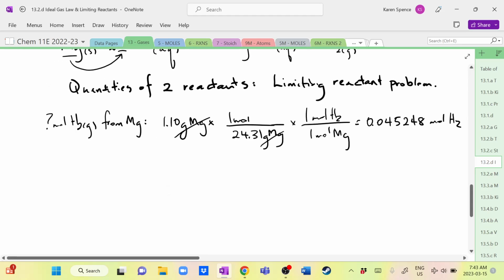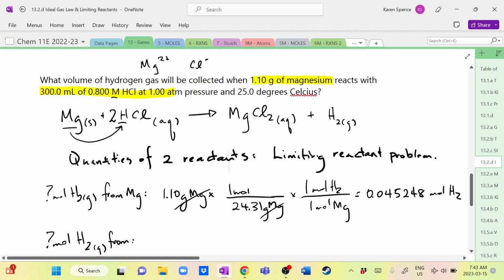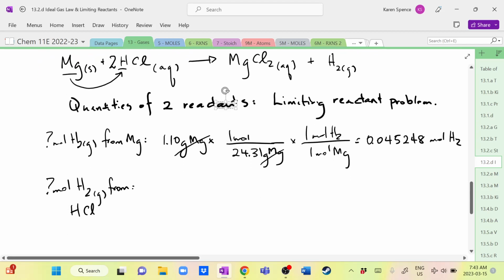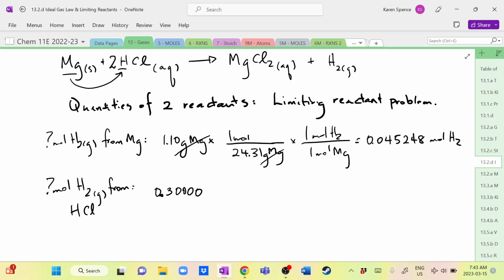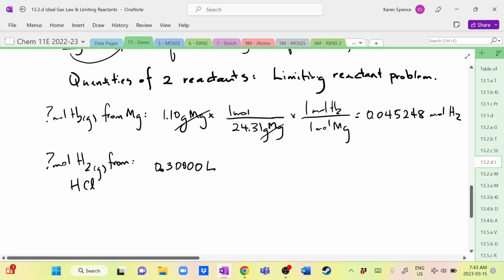Our second part of the problem, we need to say how many moles of H2 could we get from the HCl. So we have 300 milliliters, which is 0.3 liters, of 0.800 molar.